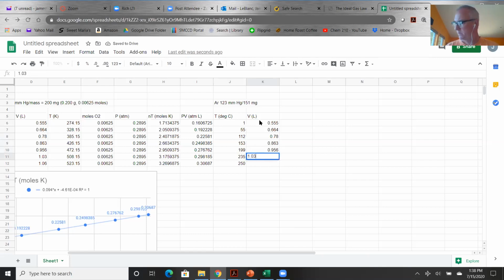1.03. Oh, wait a minute. No, that's not right. Oh man, I'm putting the wrong numbers in. Damn it. Let's put them in from the last experiment. 0.525. There we go. That's an easy mistake you're probably going to make. I just did it. You're collecting all this data. You're going to have a whole big page full of numbers. Just make sure you keep them separate.